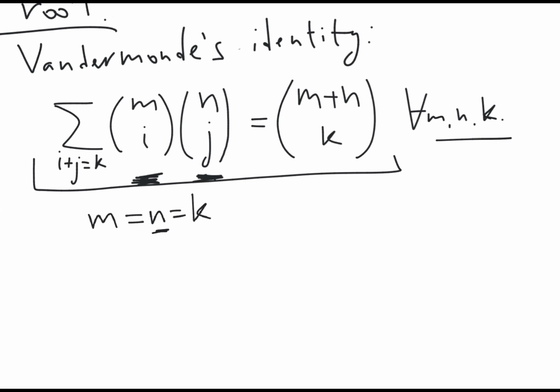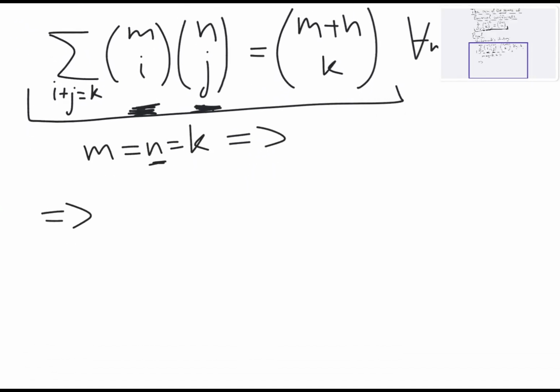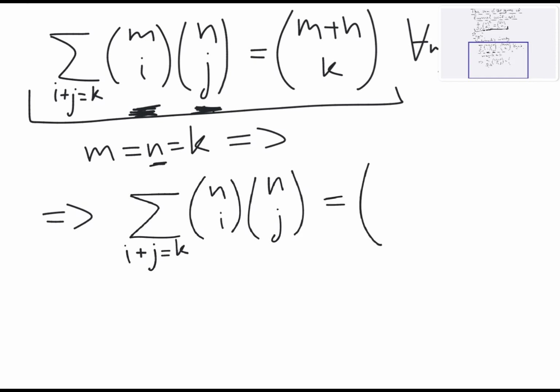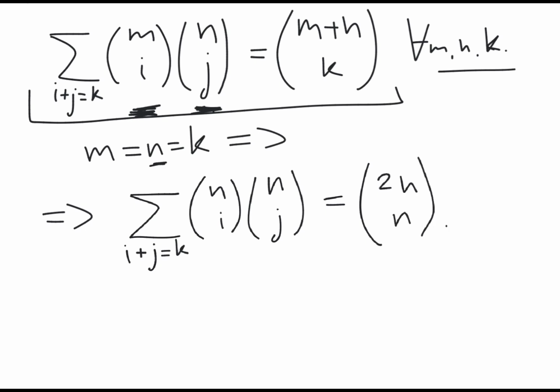So then Vandermonde's identity becomes this. The sum of the product of the binomial coefficients n choose i and n choose j, for all such i and j such that their sum is k. So i plus j is equal to k, and this should be equal to n plus n, which is 2n, choose k, and k is also equal to n.